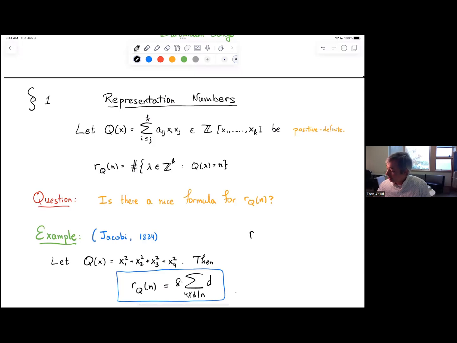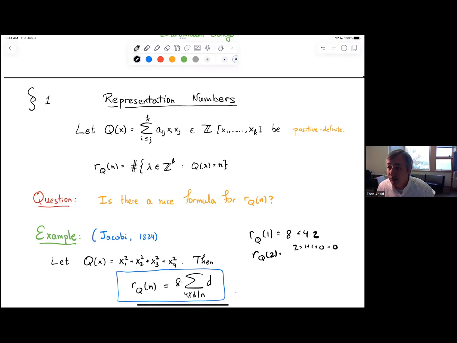If we're looking at the number of ways to represent 1, then we have 4 places to choose the 1, and it could be either a plus or a minus 1, so this gives us 8 options. Okay, that seems to agree with the formula. It's 4 times 2. And if we want to get to 2, we can only place 2 ones. 2 is 1 plus 1 plus 0 plus 0.